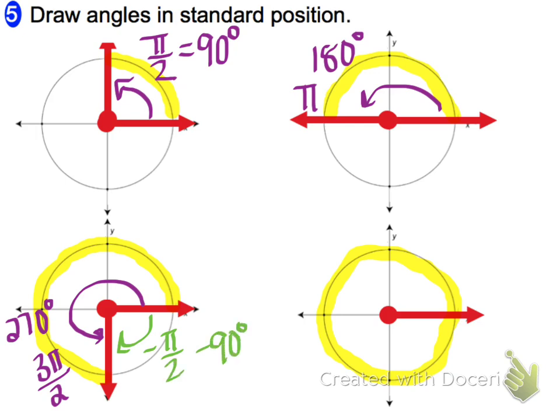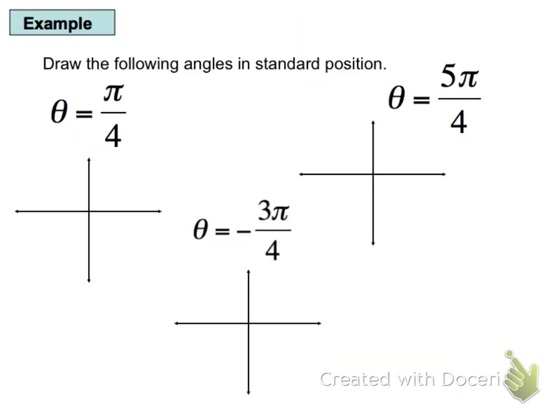They would be the same thing. Finally, all the way around the circle, this would be a total of 360 degrees. In terms of radians, hopefully you remember that's a total of 2 pi radians. These are 4 of our most common angles on our unit circle. Let's look at some more.